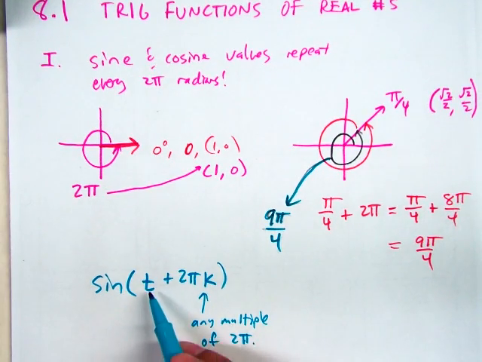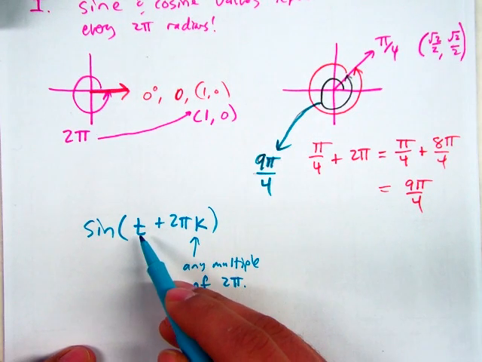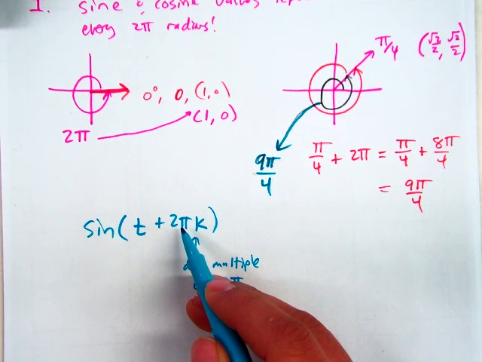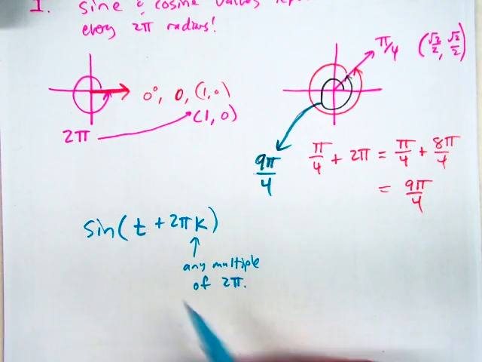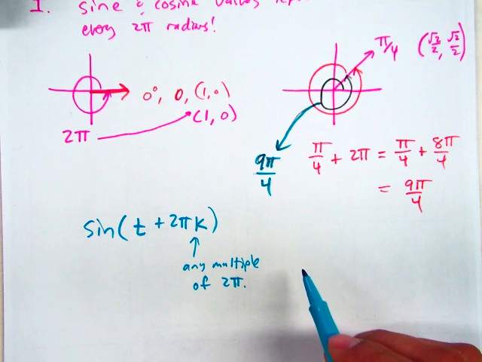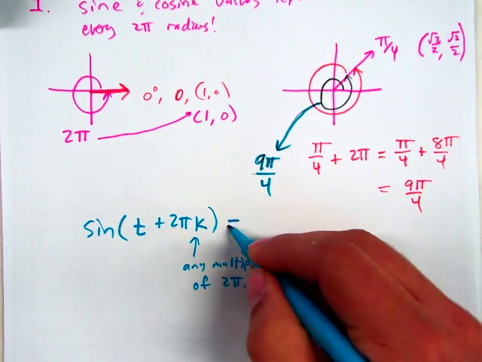So if I start at 30 degrees, or pi over 6, and I add 2 pi, or 4 pi, or 6 pi, or 8 pi, or even subtract 2 pi, or subtract 20 pi, all that means is it's going to spin around a bunch of times but land in the same exact position. Does that make sense? And therefore, the sine value doesn't change.